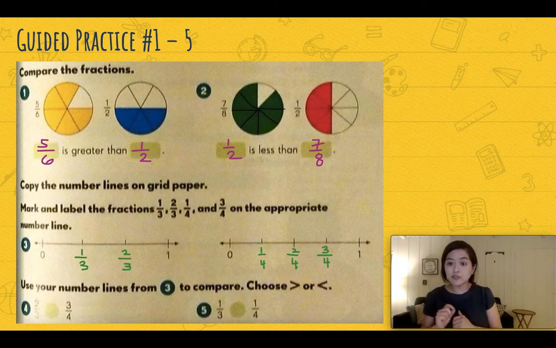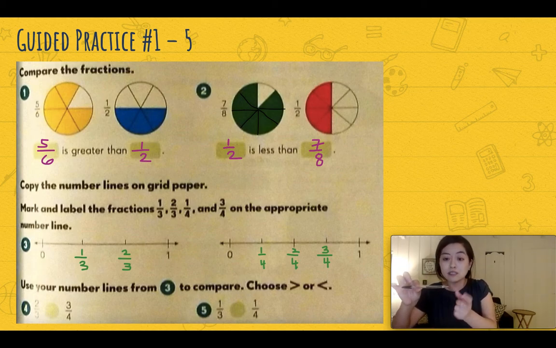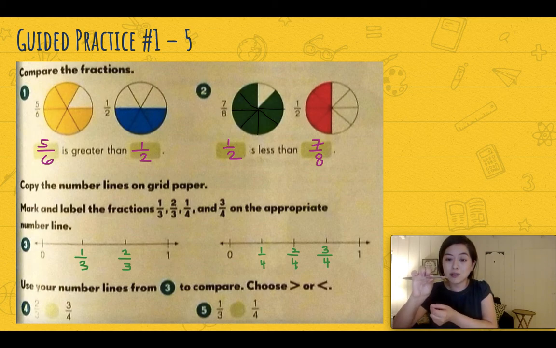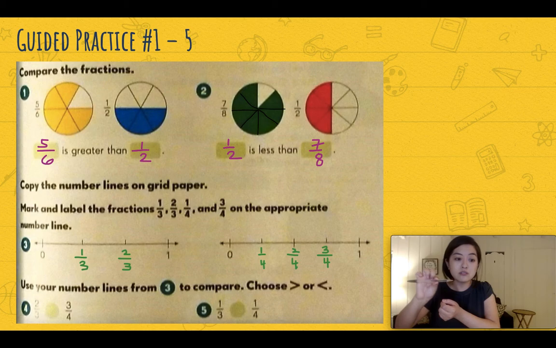This is my tip for you. I would get your pencil, well, in my hand I have a pen, and I would mark the starting point at the tip of my pencil and the fraction where I'm trying to measure it to see where it ends on my pencil, okay? So that's what I would use.